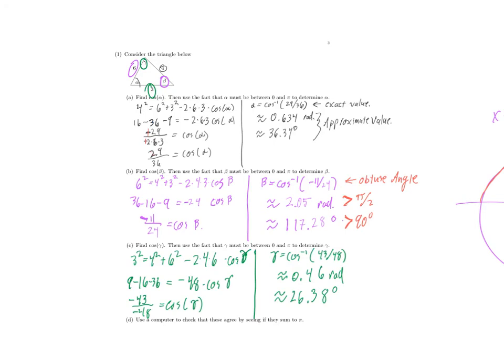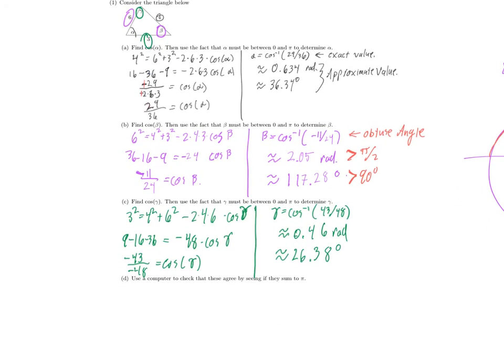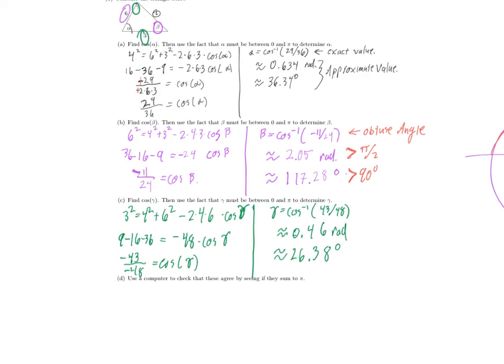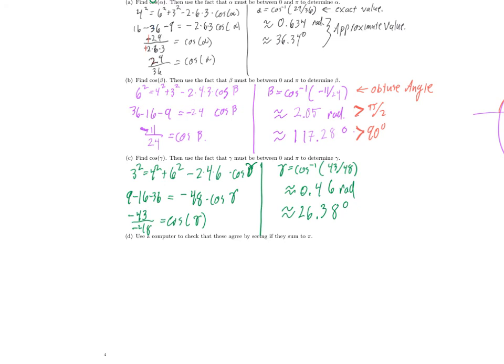Now, let's check if these actually add up to pi or to 180 degrees. And I'll do this 3 different ways in order to emphasize the danger of only saving approximate values. So let's use the totals in radians first.